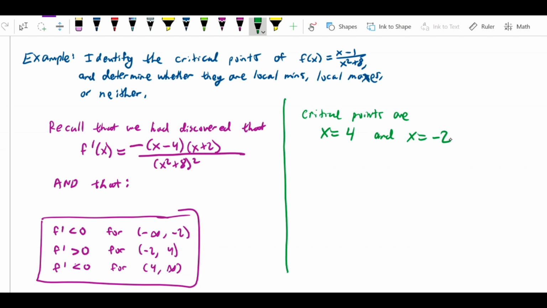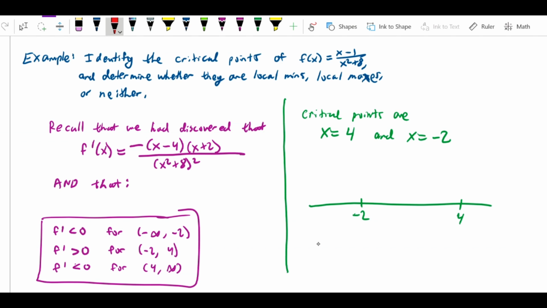So let's see what's going on at x equals 4 and x equals negative 2. I'll put in kind of a number line here, put in negative 2 and 4. So let's just see what's going on at negative 2. If we look at these intervals, for the interval from negative infinity up to negative 2, the derivative is less than 0.